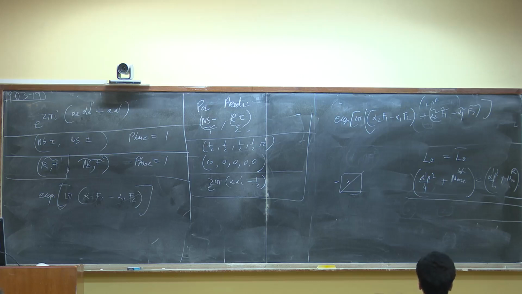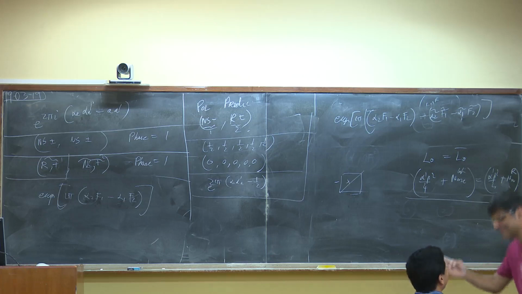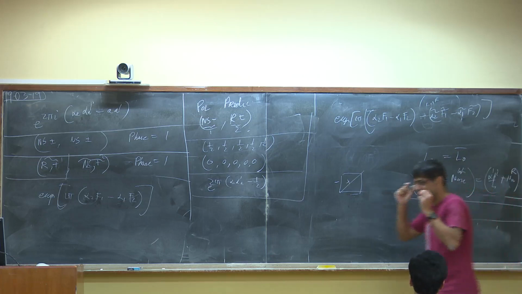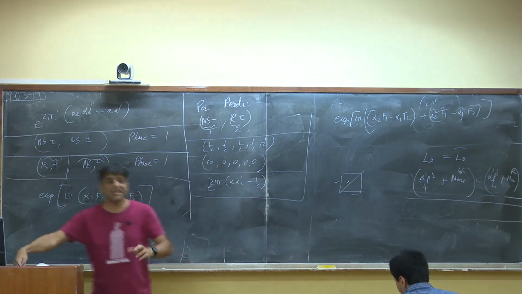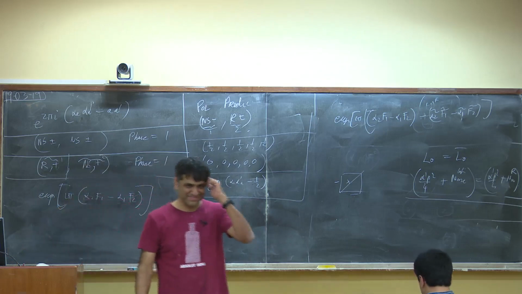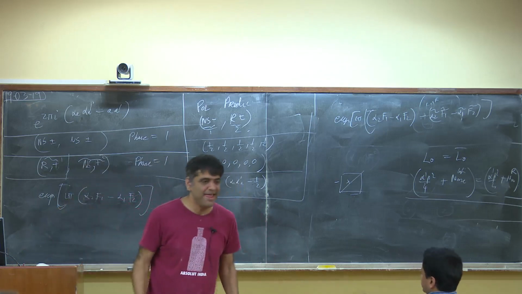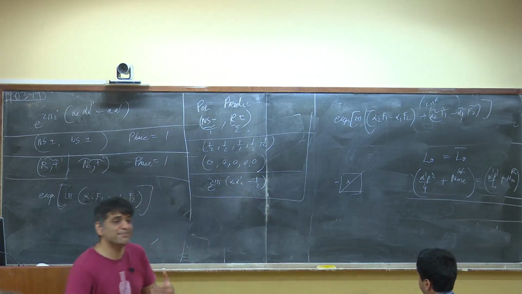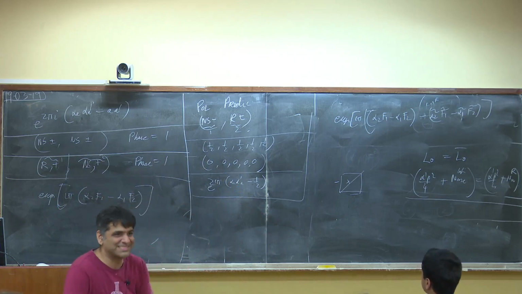And in the NS minus sector, okay, I'm going to say it first wrong and then I'll say it right. I'll say it wrong because I'll ignore the ghosts. What I'm saying now would be correct in light cone gauge, because the ghosts are a pain in the neck. So in the NS minus sector in light cone gauge, there are no ghosts.